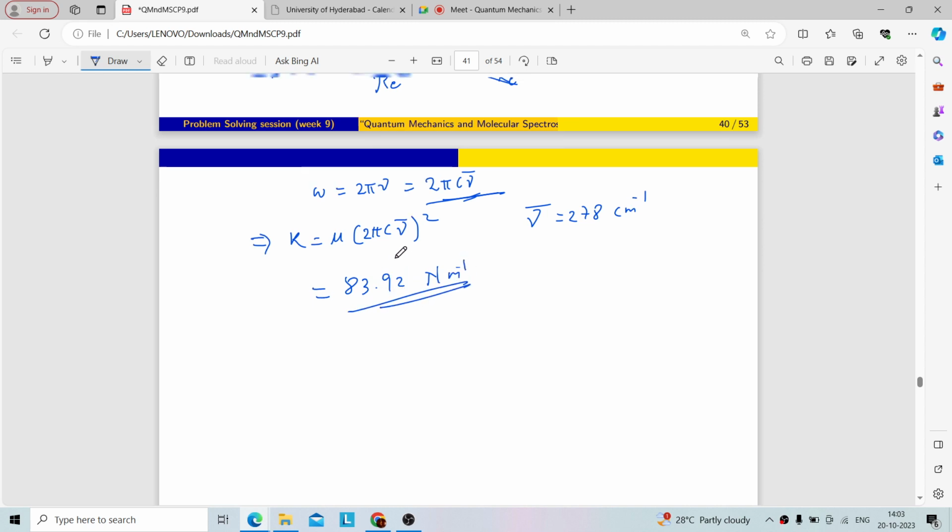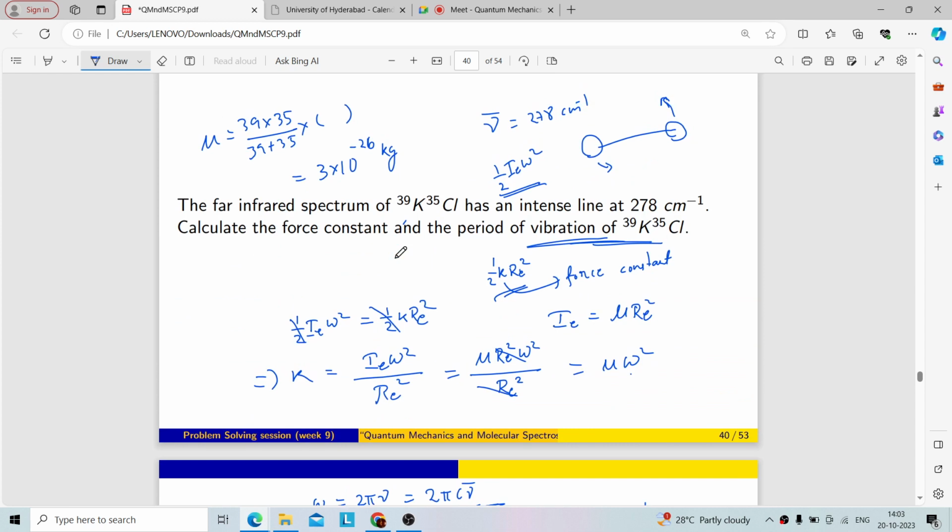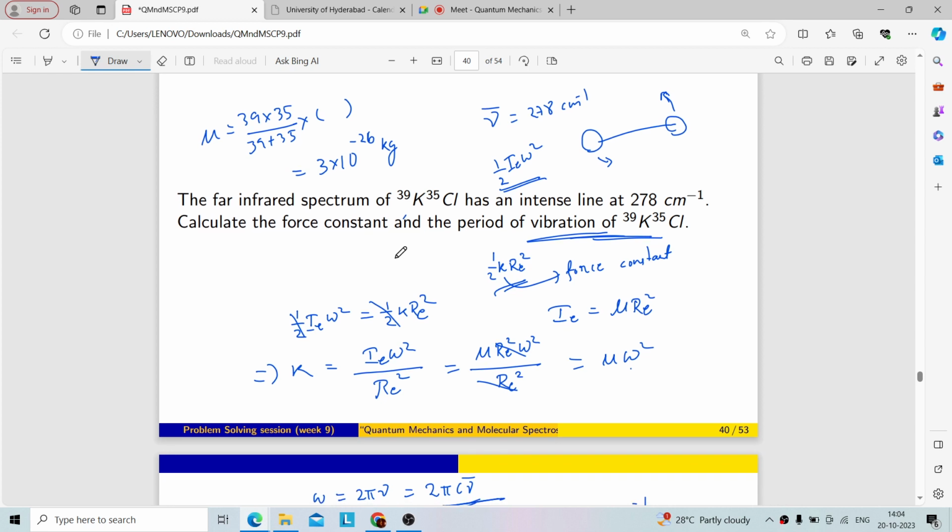Okay, so in our system of potassium chloride, there is an intense line at 278 centimeter inverse, and the system is also vibrating. So in that case, we can assume this vibration to be simple harmonic, so we can take its energy to be half k r square, and from rotational motion it will have energy half I_e omega square.